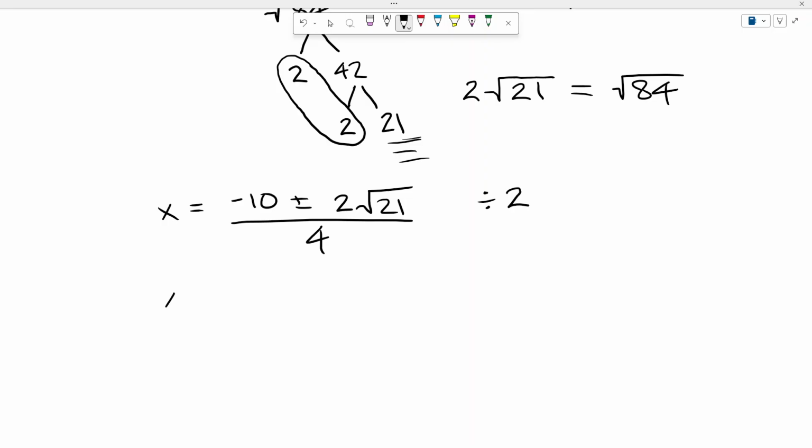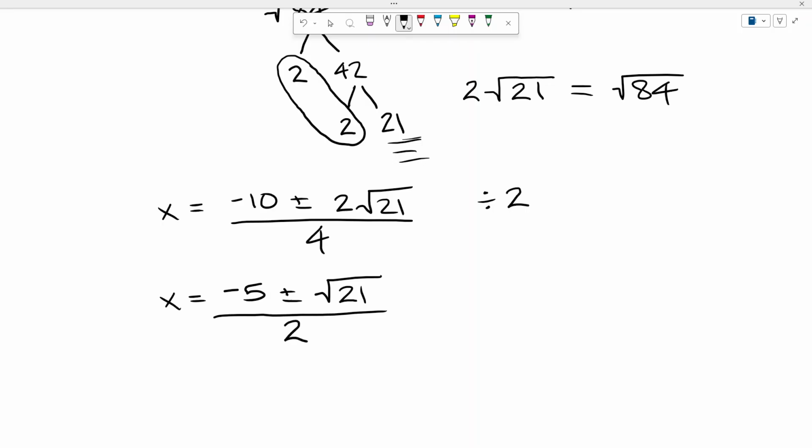So we have x equals negative 10 divided by 2 is negative 5 plus minus, and then that gets rid of that 2 there. 2 divided by 2 is just 1, so we can get rid of that. So we just have the square root of 21, and then 4 divided by 2 is 2.